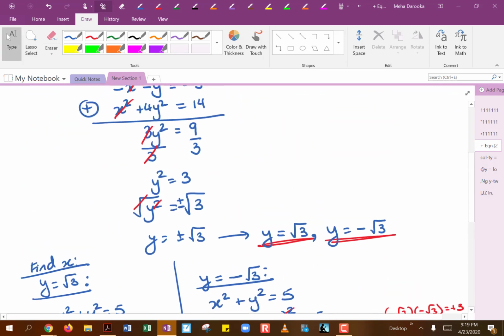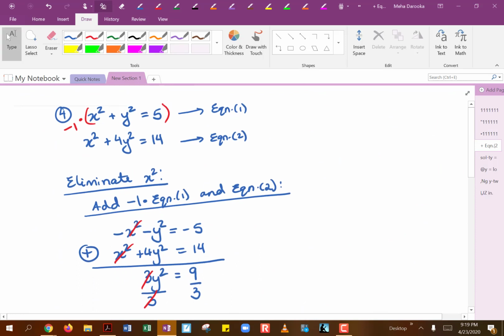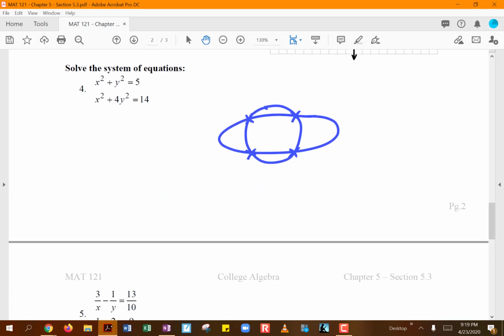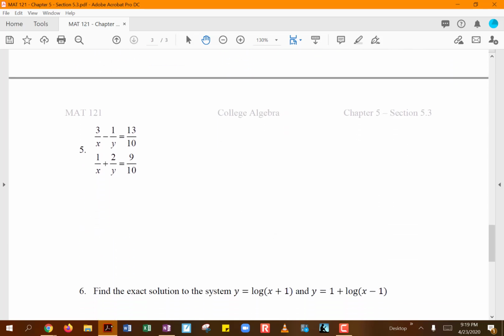This is going to happen anytime you have a system of equations where both equations have x squared and y squared. That's why we came up with 4 different ordered pairs for this one. Okay, so this is how your addition method would work for these nonlinear systems of equations.